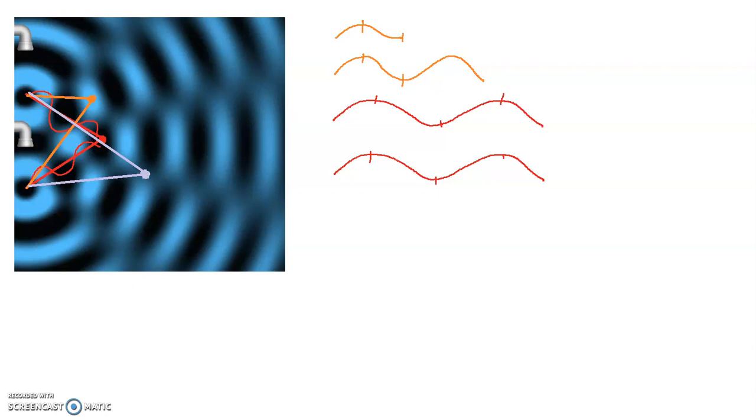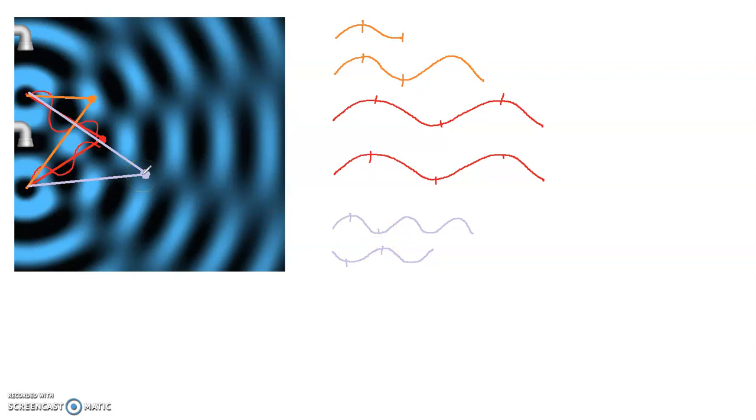Maybe this is the wave from the top source, the farther one, and this is the wave from the bottom one. They are not going to match up like this. Crests and troughs are not matching up. It must look something like this, where instead of crest on crest, I've got crest on trough, which cancels. Trough on crest, cancels. That's what it would look like at this location.